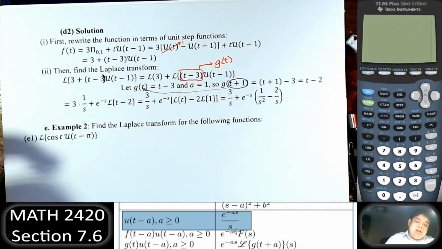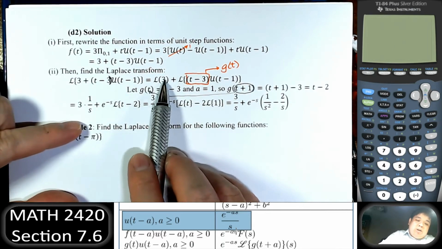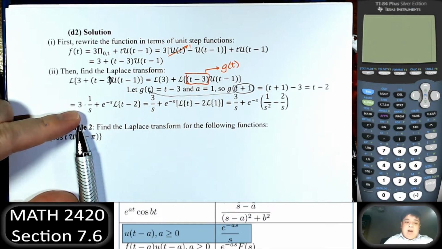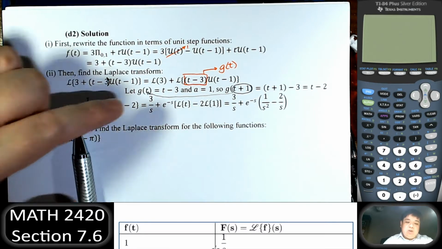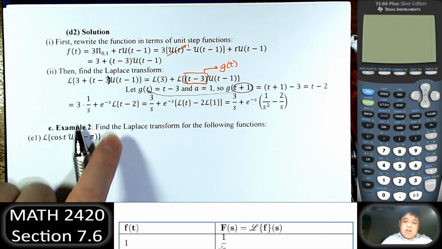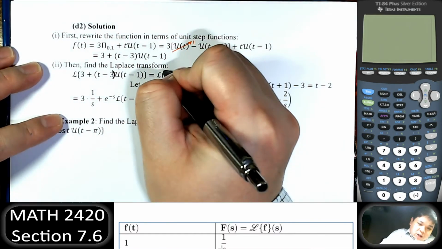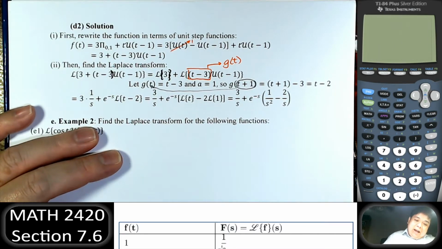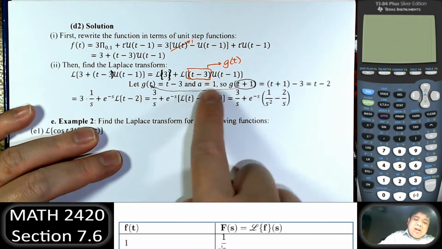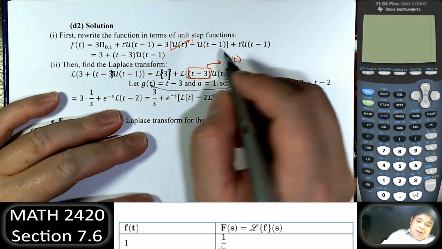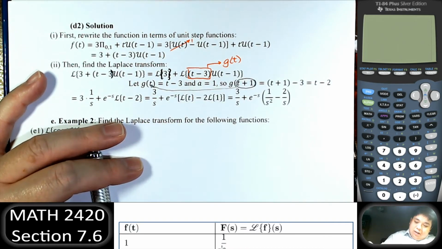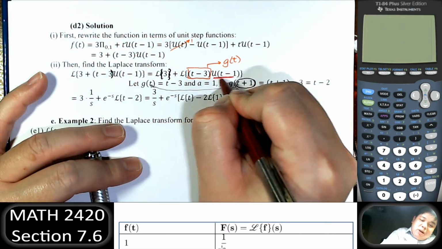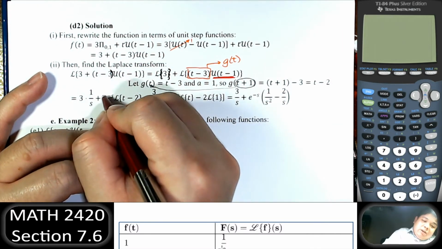So bottom line is, the Laplace transform of 3 is 3 times 1 over s. So that's easy, right? The Laplace transform of 1 is 1 over s, so the Laplace transform of 3 is 3 over s. Sorry, this should be a curly bracket. And then when we write this, u of t minus 1 will turn into e to the negative s.